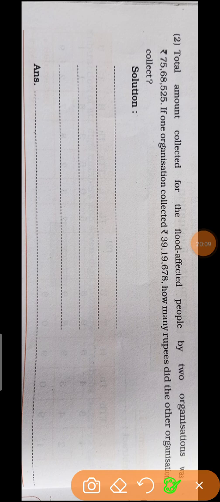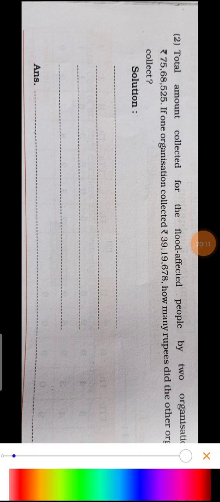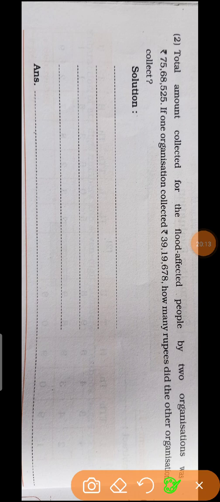So what do we do here in the first sentence? First, all of you write down, I am dictating this. In this line you have to write: total amount collected by two organizations.